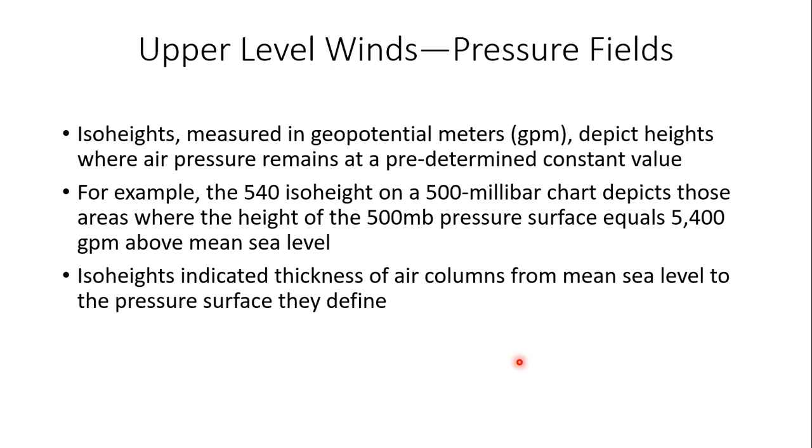These heights depict generally the overall upper level heights where air pressure remains at a predetermined constant value. So for example, if we were to look at the 540 ISO height on a 500 millibar chart, which is at about 18,000 feet above the ground, that 540 ISO height line would depict those areas where the height of the 500 millibar pressure surface was equal to 540 decameters or 5,400 geopotential meters above mean sea level.